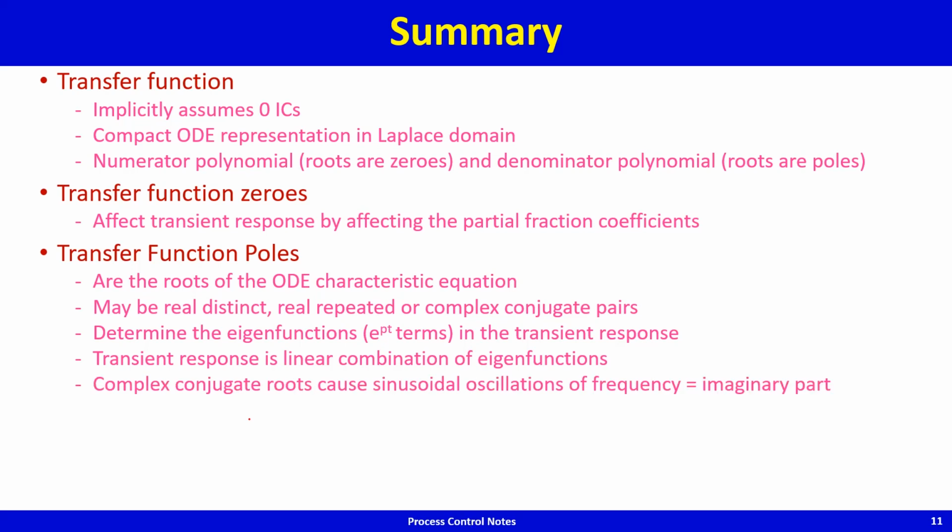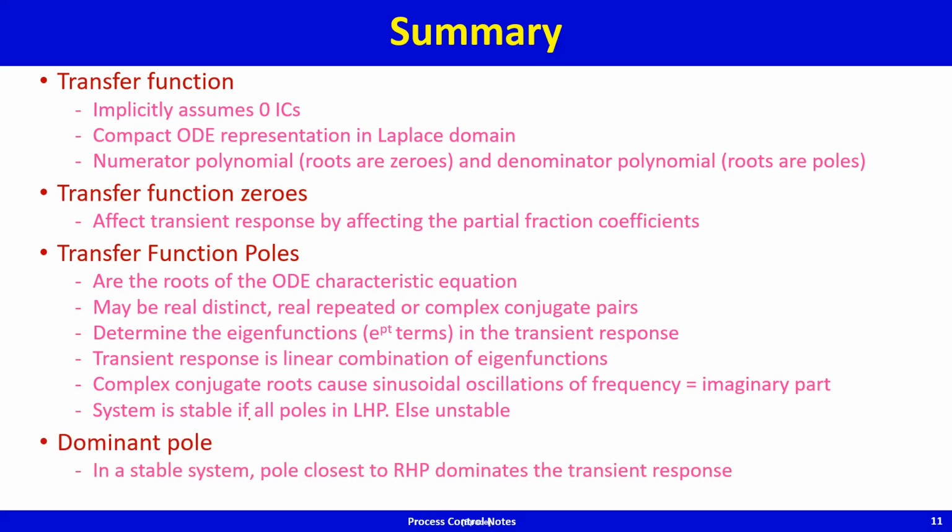The complex conjugate roots cause sinusoidal oscillations, and the frequency of these oscillations is equal to the imaginary part of the complex root. The system is stable if all the poles are in the left half plane. If even one of the roots is in the right half plane, the system is going to be unstable. The dominant pole in a stable system is the pole closest to the right half plane, and it is called the dominant pole because it dominates the transient response.